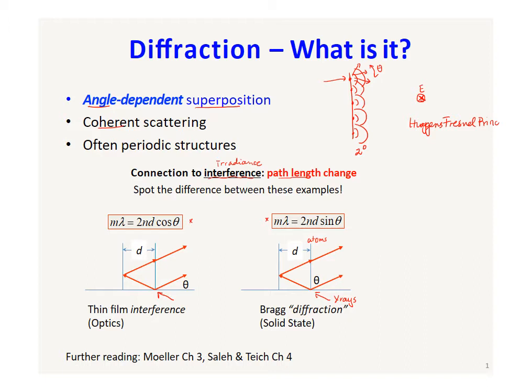The difference of the cos compared to the sine is simply because we have a phase change at the reflection from the high n surface. So physically, there's no real difference between interference and diffraction.